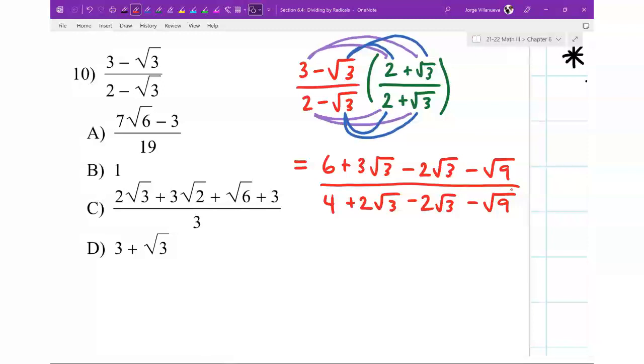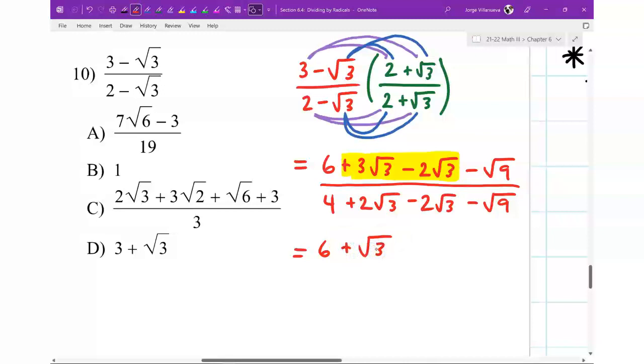Now, the 6 on top is going to stay there. 3 radical 3 minus 2 radical 3. This part right here, what does it become? They have the same radical. 3 minus 2, 1, right? So it's just positive 1 radical 3, or just positive radical 3.